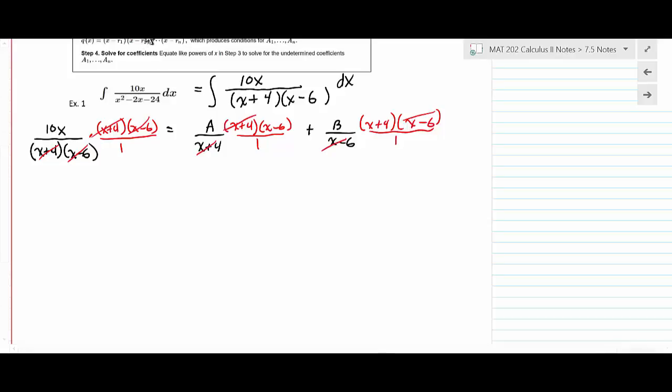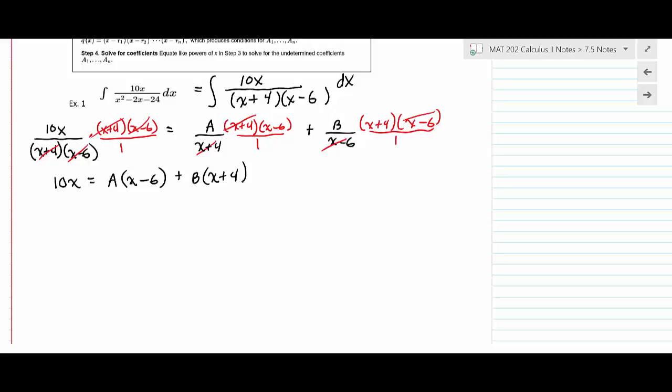You always want to get rid of your fractions, so we're left with 10x here, and then we have A times (x minus 6) plus B times (x plus 4), like that. Everybody with me on that? We're not doing any calculus, we're doing algebra.